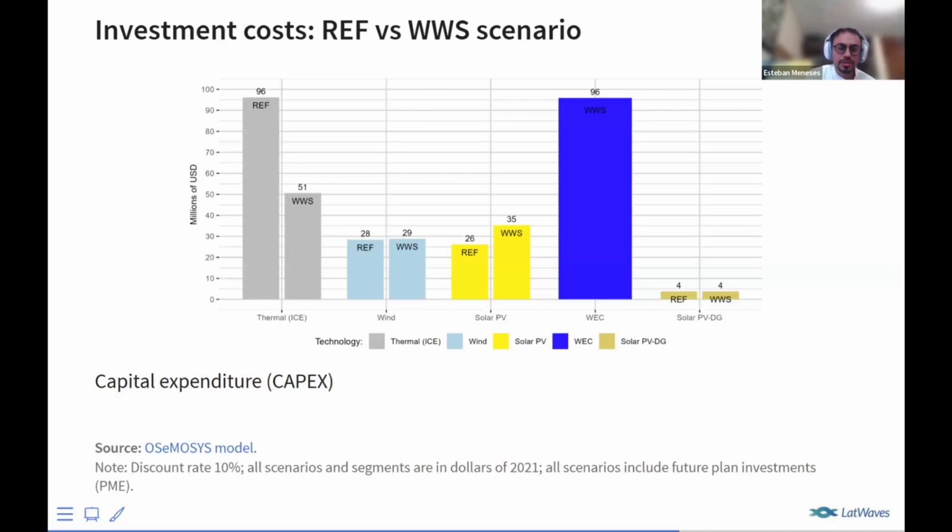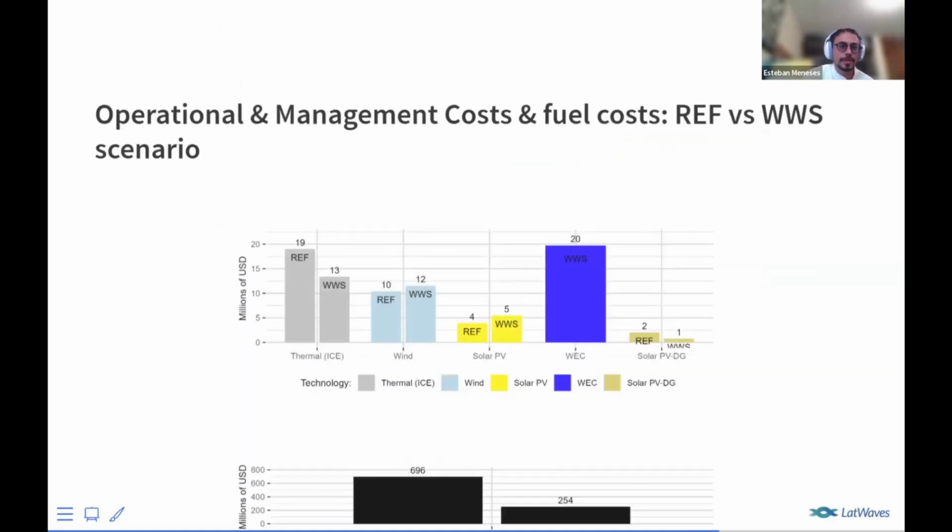We use a discount rate of 10%, and all dollars are in 2021 dollars. At the end of the period in 2050, the WEC scenario is around $60 million more expensive than the referential scenario in terms of investment costs.